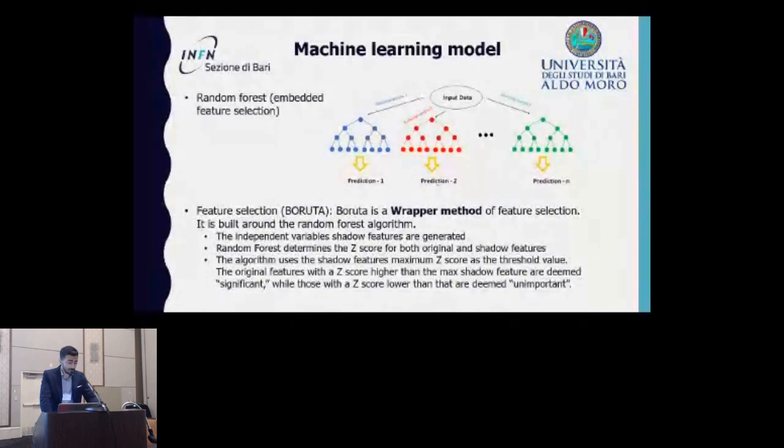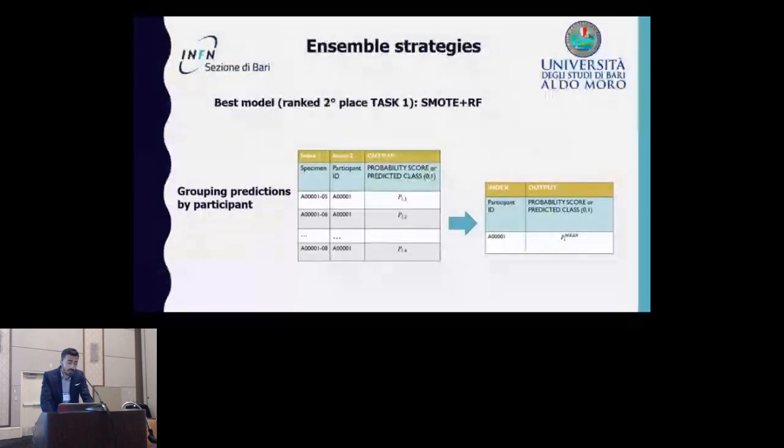Then the random forest is trained over the whole dataset and assigns a value, a z-score, to each feature depending on its importance. The algorithm uses the maximum shadow feature z-score as the threshold value: original features with a z-score higher than the maximum shadow feature are deemed important, while those with a lower z-score are deemed unimportant.